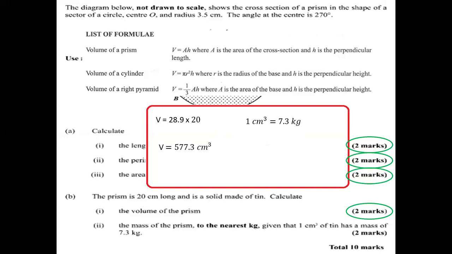But according to our volume, there are 577.3 cubes of tin, and each of those weighs 7.3 kilograms. So when we multiply those, we get our answer to be 4,215 kilograms in terms of weight, right? And that completes this question.